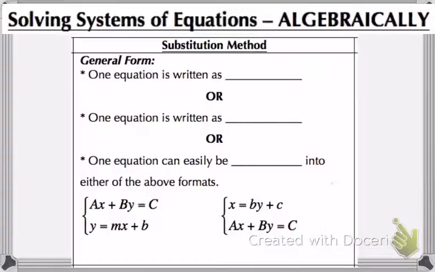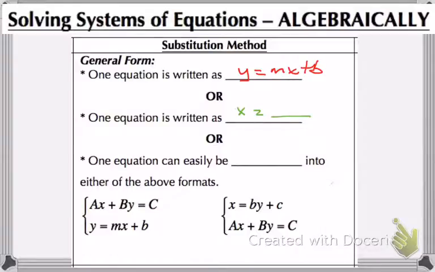So, general form, one equation is written as y equals mx plus b. Or you might sometimes see that one equation has been written as x equals something, where everything else is over here.